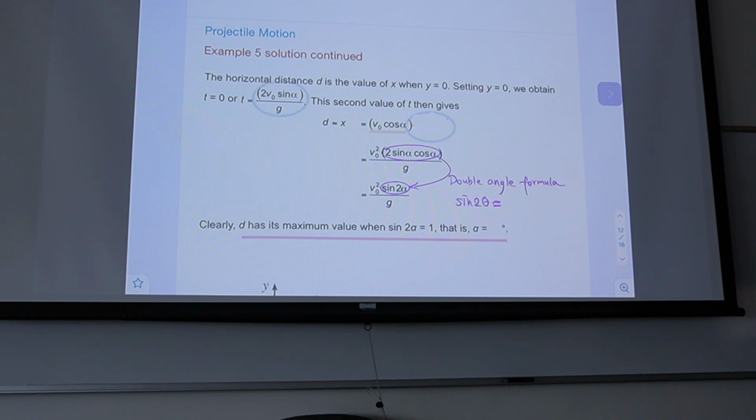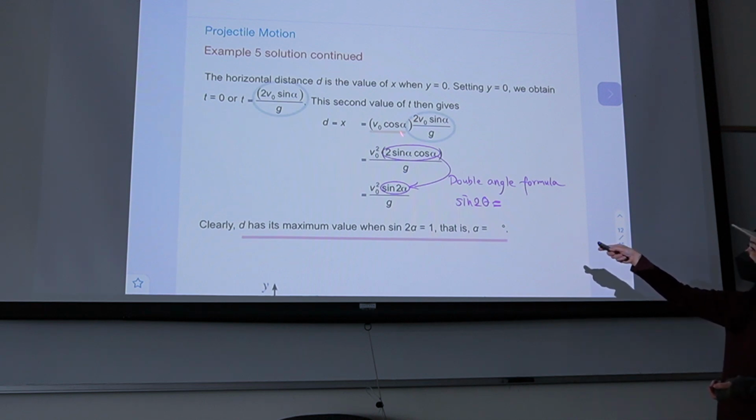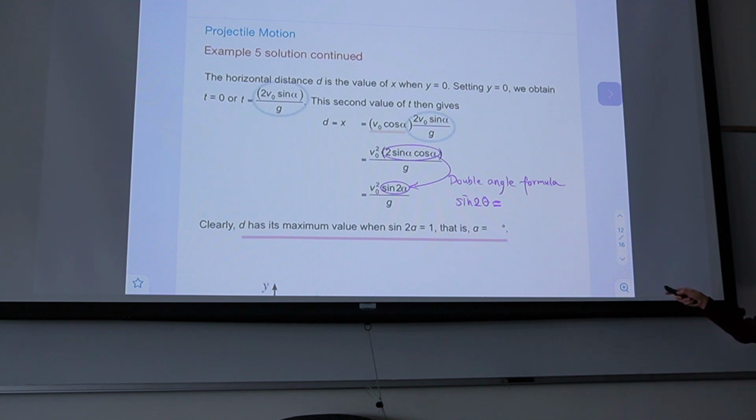Then we got this. We'll do some rearranging. We put the 2 sine alpha cosine alpha here, and we use the double angle formula. What's the double angle formula? Sin 2 theta equals 2 sin theta times cosine theta. And then we got this one over here.